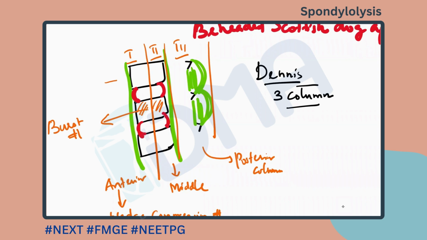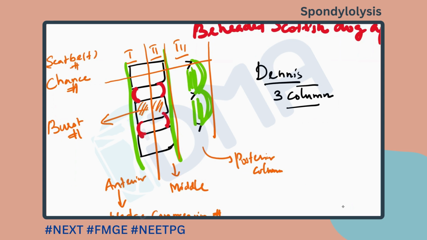When a fracture occurs across all three columns, an example is the Chance fracture, which occurs in road traffic accidents when the patient wears a seat belt, so they are called seat belt fractures.